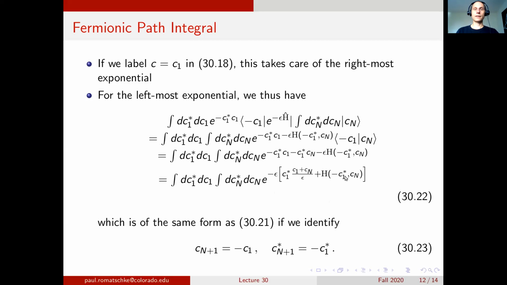We can formally identify this term with all the other terms in the partition function if we define the n+1 insertion of the field C, so Cn+1, as minus C1, and correspondingly C star n+1 as minus C1 star.